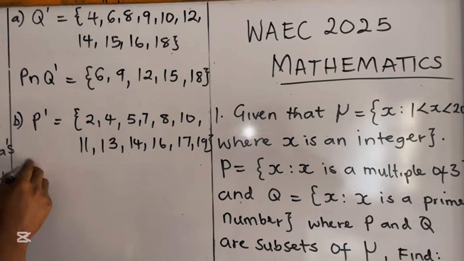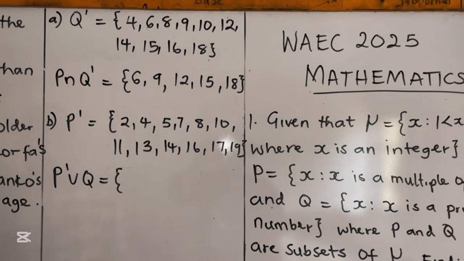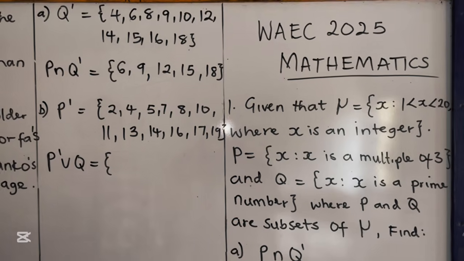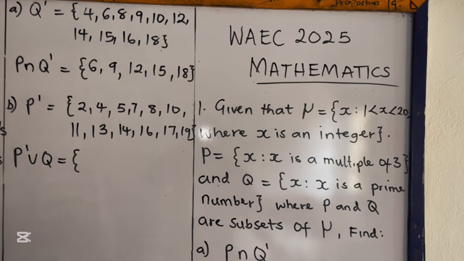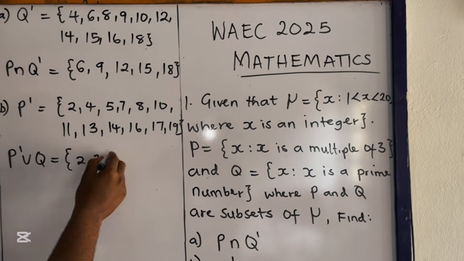So P prime union Q, we have numbers that you can find in P prime and also find in Q. So we have 2, 3, 3 is common, 4.